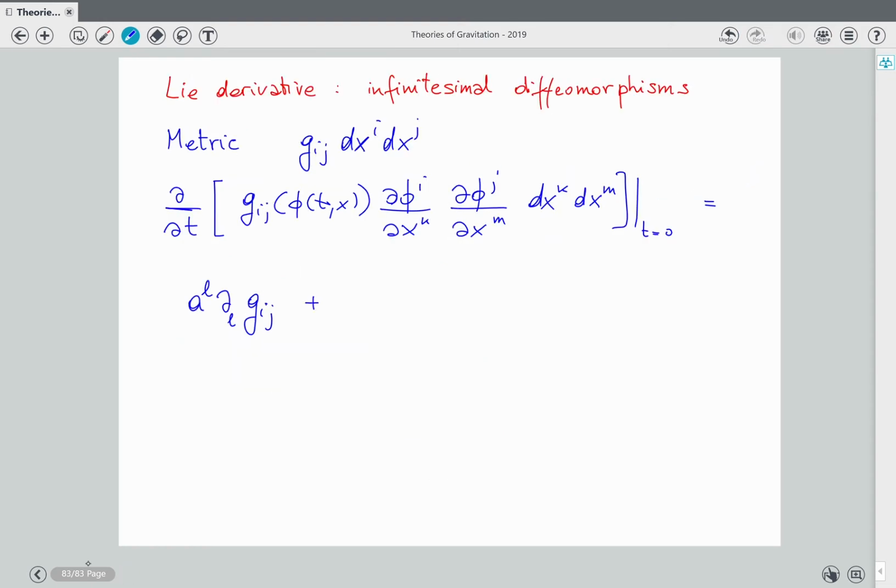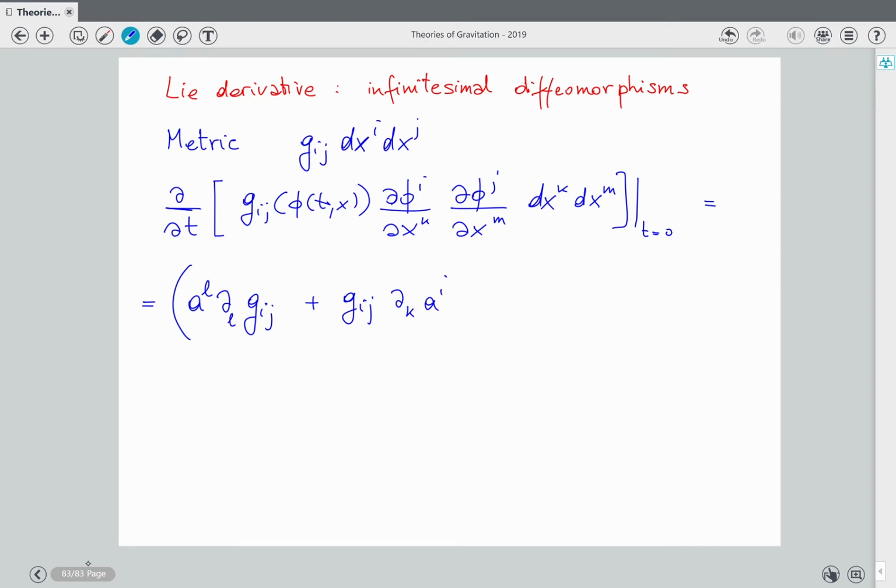So plus gij, so partial over partial t of that will be partial k ai.